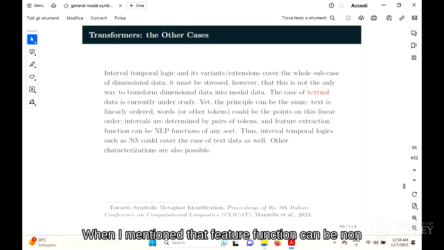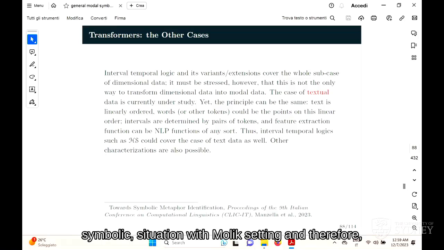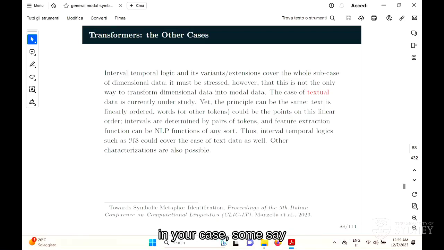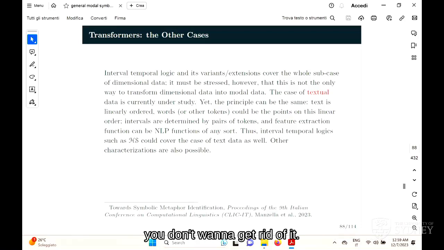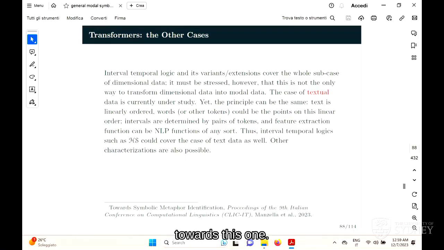When I mention that the feature function can be non-interpretable, what I'm getting to is a neurosymbolic setting, and therefore maybe it so happens that in your case some predetermined or pre-trained neural networks are so useful that you don't want to get rid of them, and yet you're searching for interpretability. One way to go towards it is this one, okay?